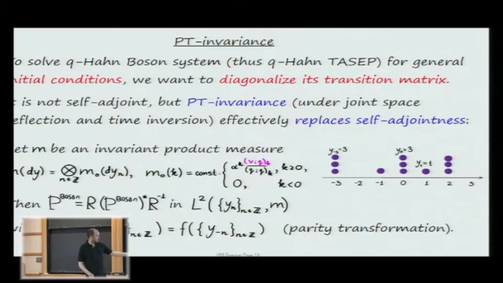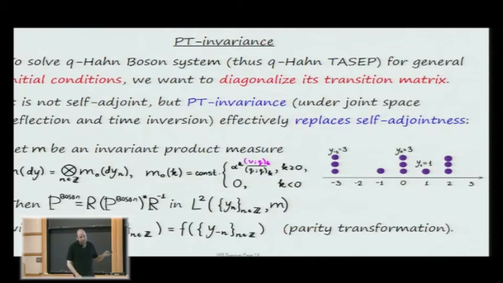Now, if you look in L2 with respect to this invariant measure, and you look at the adjoint of this transition matrix, then up to conjugation by the parity transform operator that just flips you around the origin, it actually is essentially self-adjoint. Okay?